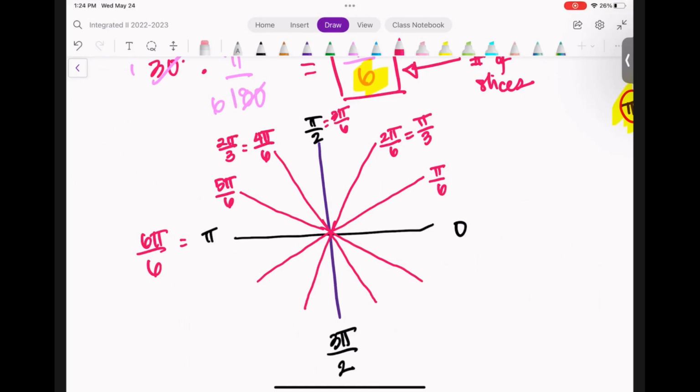And I'm going to color these in a different color just so that you guys can see these stand out differently than the other ones. Okay. So it still works. Yeah, 6 pi over 6 is pi. Exactly. I'm also going to write 3 pi over 3.